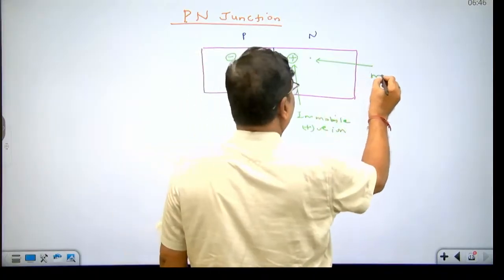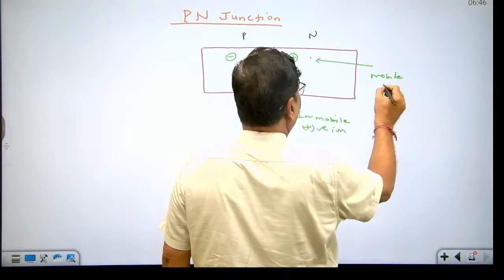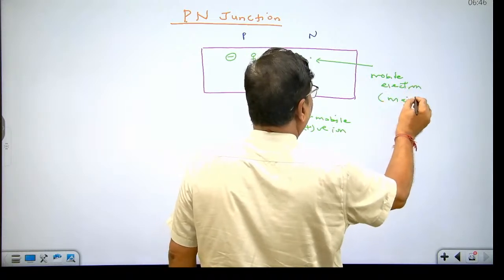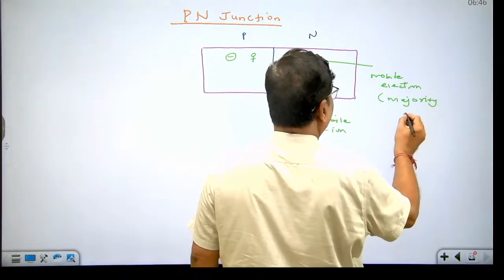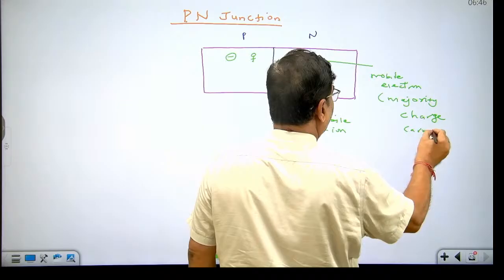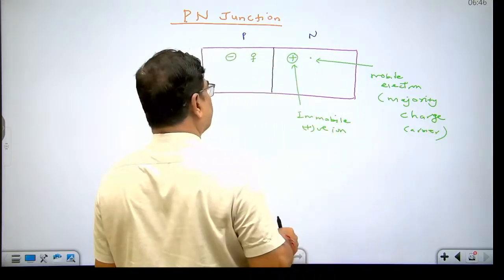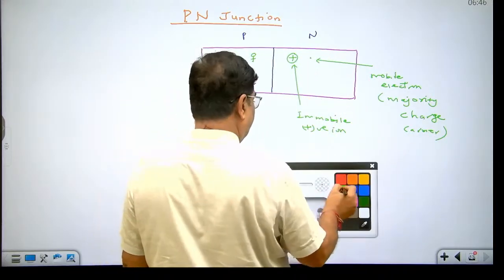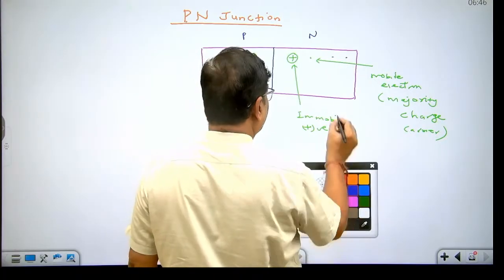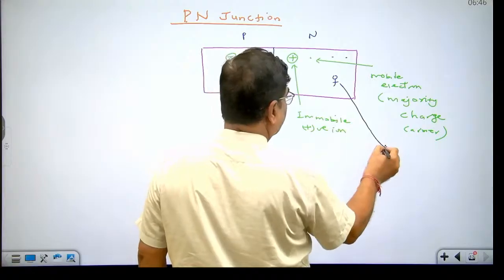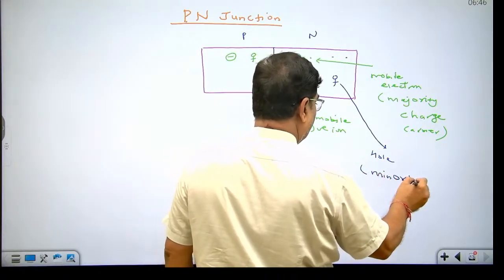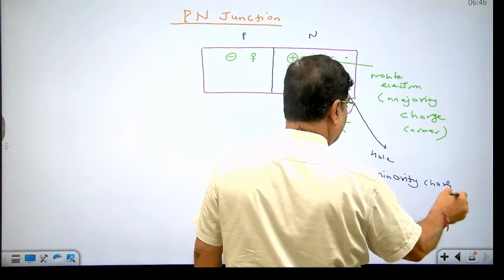This is mobile electron, and this is majority charge carrier. And what was minority charge carrier? Here minority charge carrier was hole.